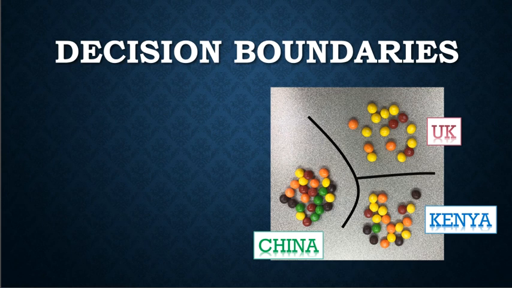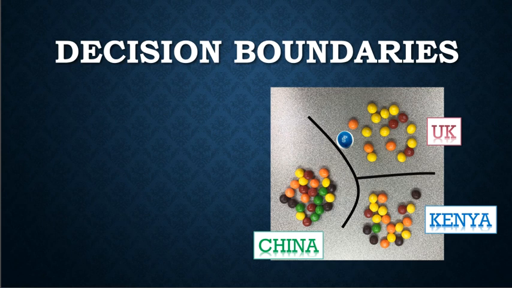To classify a new document represented as a blue Skittle in the picture, we determine the region it occurs in and assign it the class of that region, UK in this case.